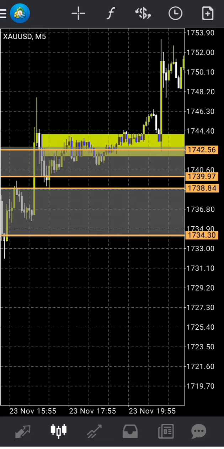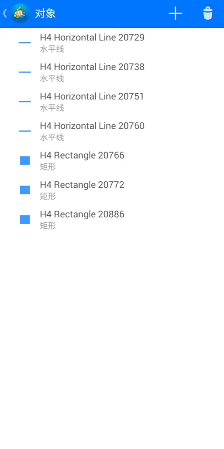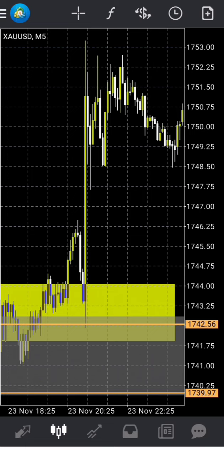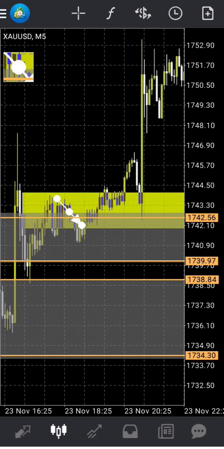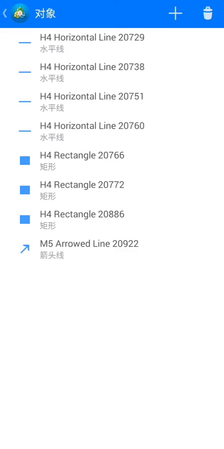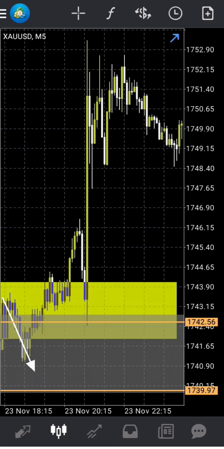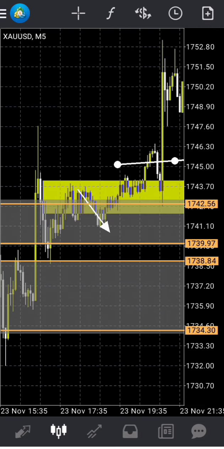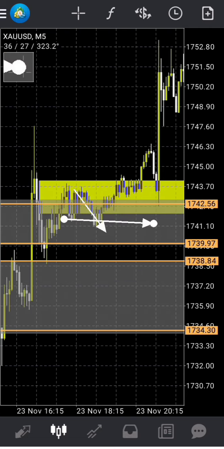Okay, so where is the last breakdown? Okay, this is the last breakdown. Breakdown where? Break down the support here. This is called the last breakdown. Last breakdown meaning the last seller power.